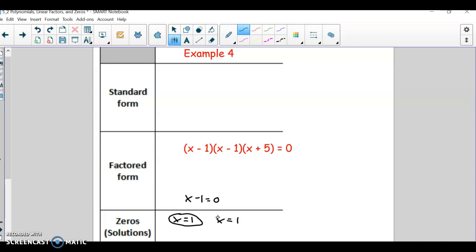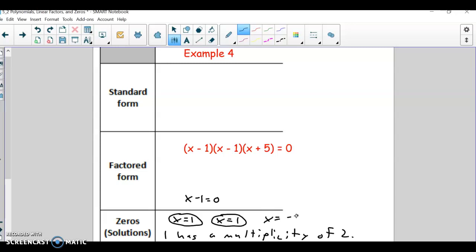So this is actually a fancy word. We say that the solution 1 has a multiplicity of 2. And so it's just a repeated answer. So if there were 3 ones, you'd have a multiplicity of 3. But that fancy vocab word just means a repeated answer.